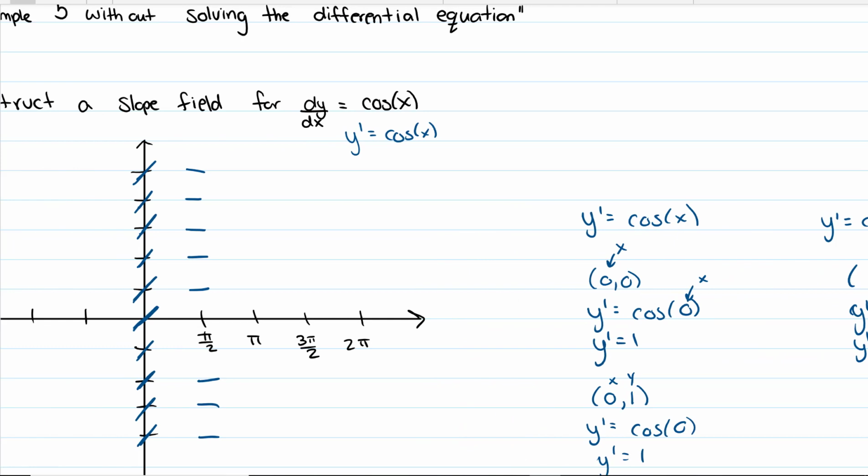So cosine of pi is negative 1, so I'm going to have a slope of negative 1. Cosine of 3 pi over 2 is 0 again, so I get the zeros. And cosine of 2 pi is 1, so I'm going to have a slope of 1.